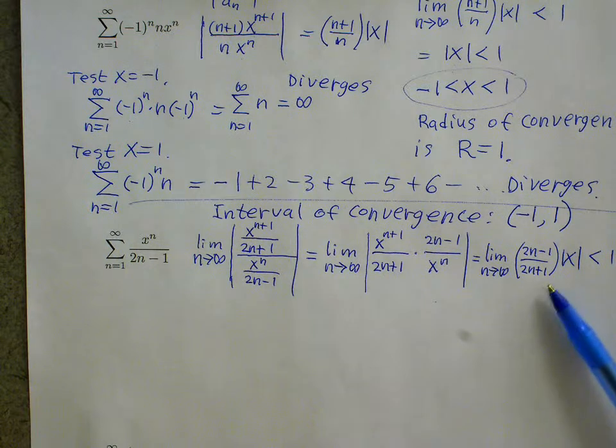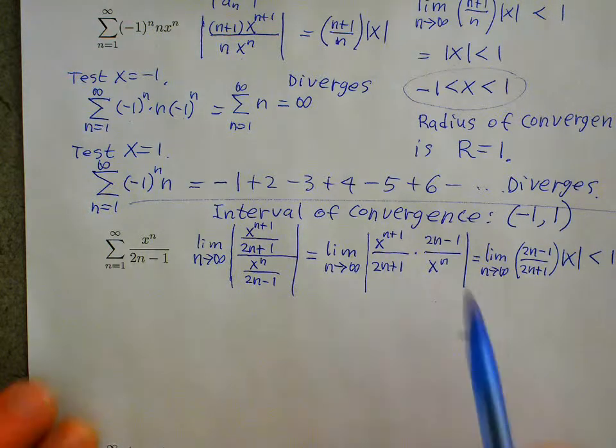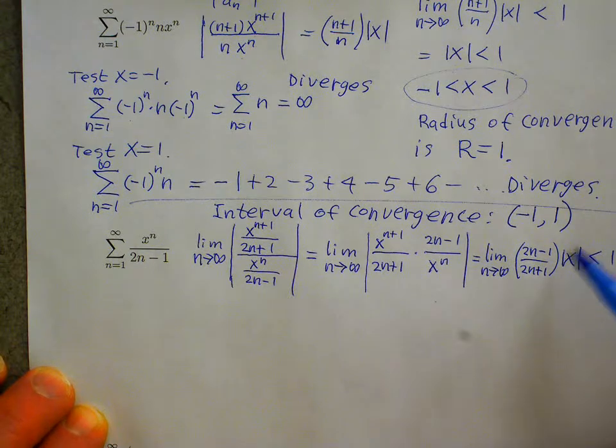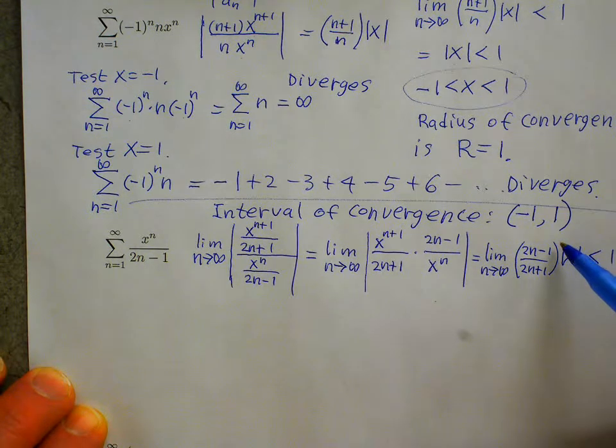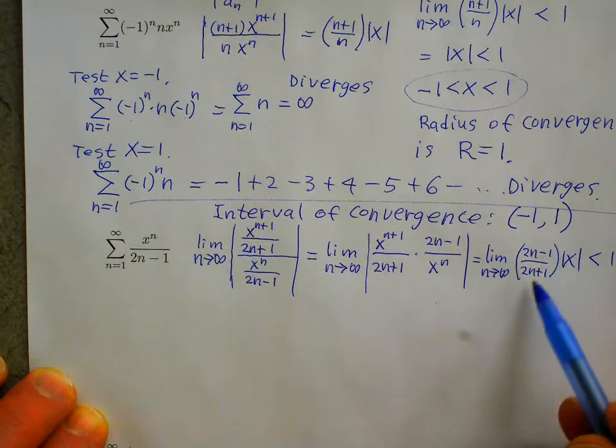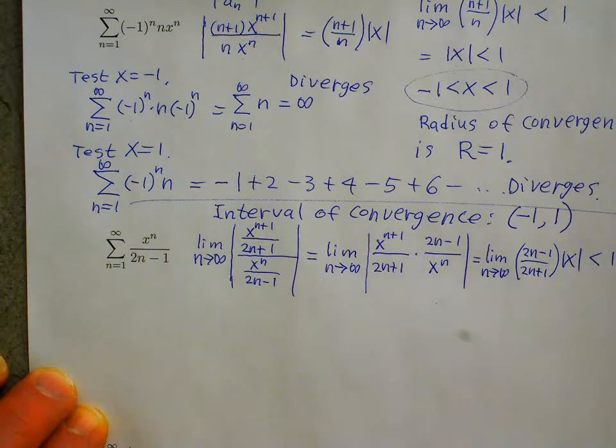Okay, the limit as n approaches infinity of 2n minus 1 over 2n plus 1 equals 1. If you divide the numerator by n and divide the denominator by n, that's equivalent to multiplying by 1.